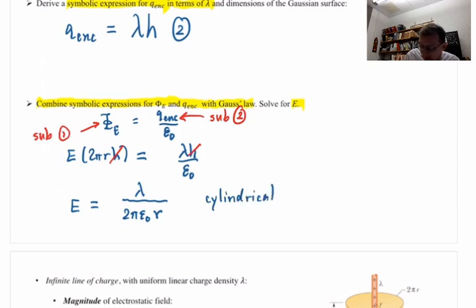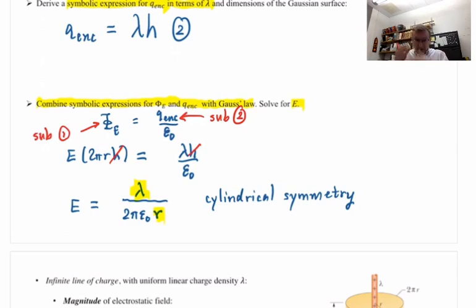in cylindrical symmetry. You need to know two things: what's the charge per unit length of whatever line of charge is inside your Gaussian cylinder, over the distance you are from the line? Notice it's r down there, not r squared.